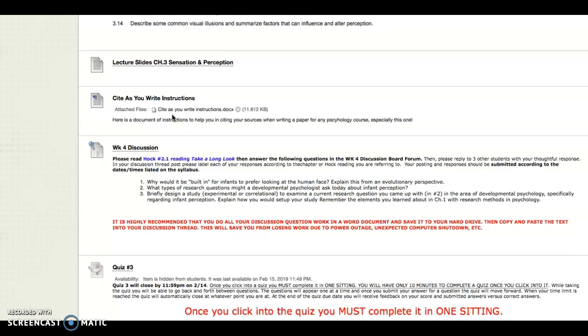And then kind of thinking outside the box a little bit now in terms of what research questions a developmental psychologist might ask today about infant perception.